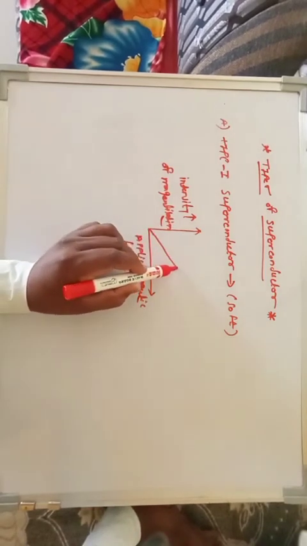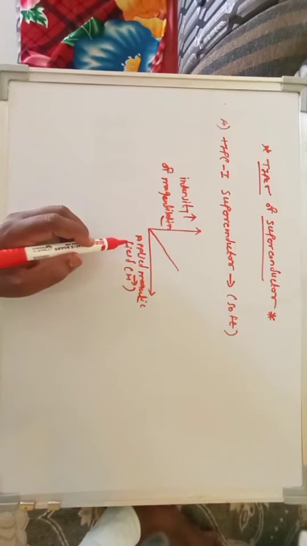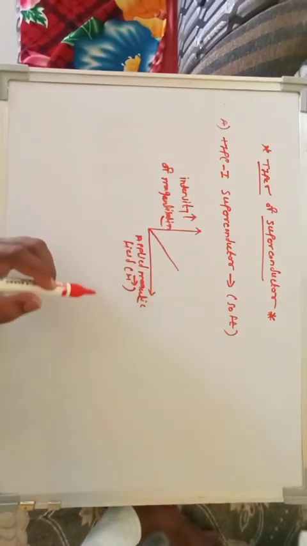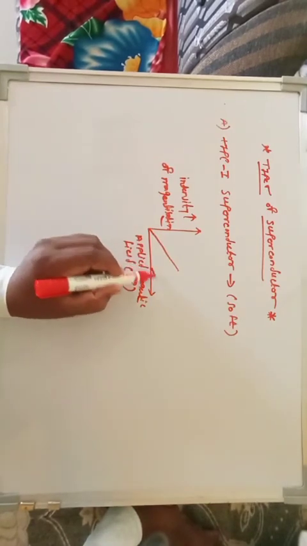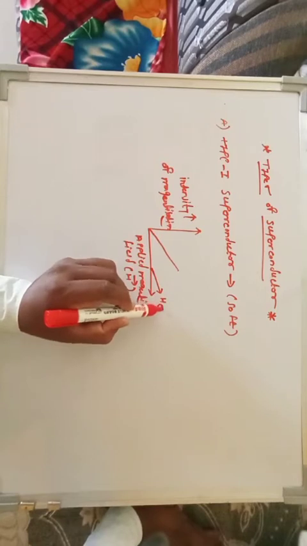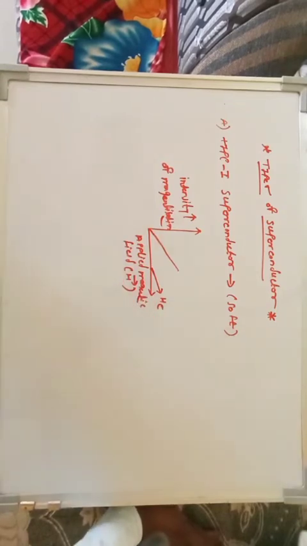We get such a kind of graph up to a point, that is up to capital HC, which is denoted as the critical magnetic field.